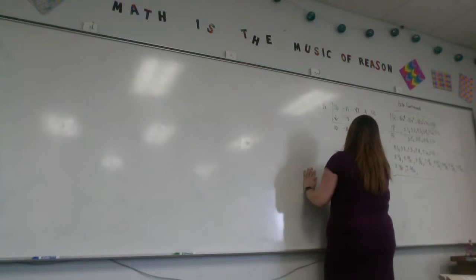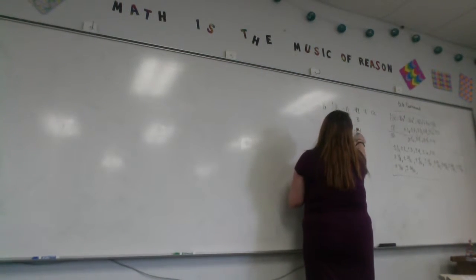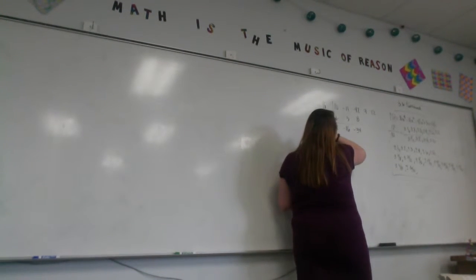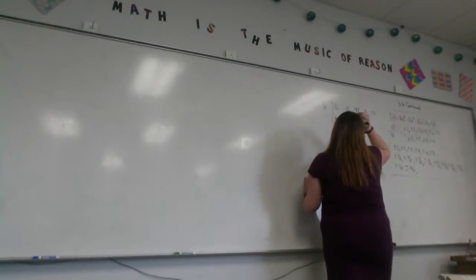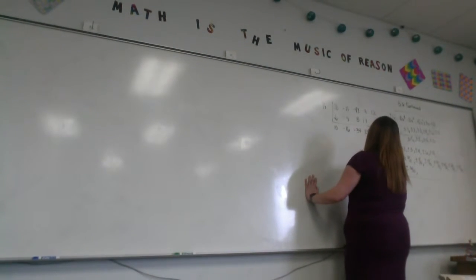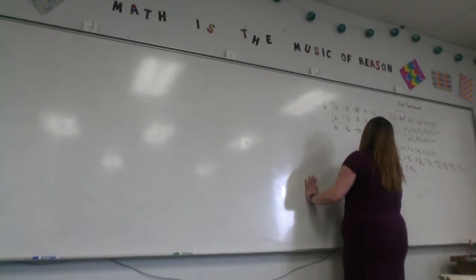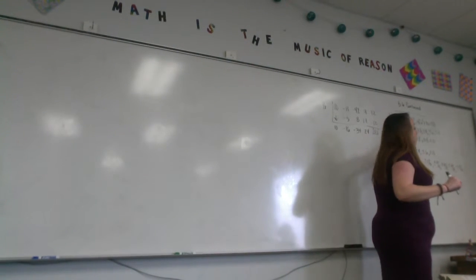And what is negative half of negative 34? 17. And 17 plus 7 is 24. And what is negative half of 24? Negative 12. And that gives me a 0.